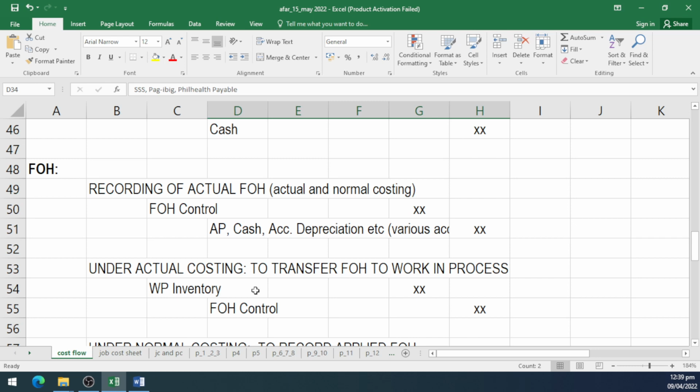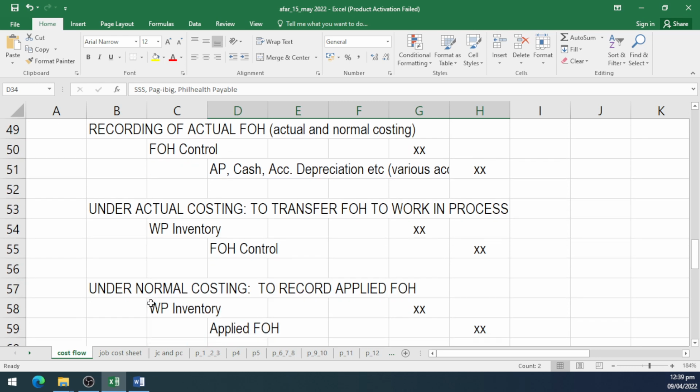Now, ang susunod will be application ng overhead sa production department. Pag actual costing po, wala tayong predetermined overhead rate. Kung magkano yung total accumulated amount sa factory overhead control, itra-transfer mo lang yon sa work in process.